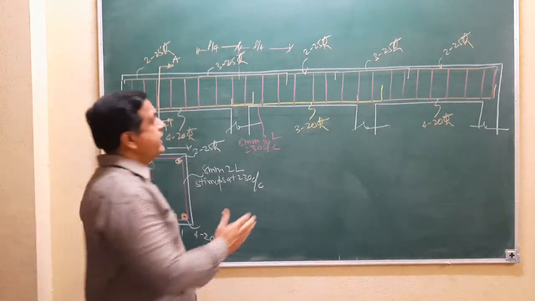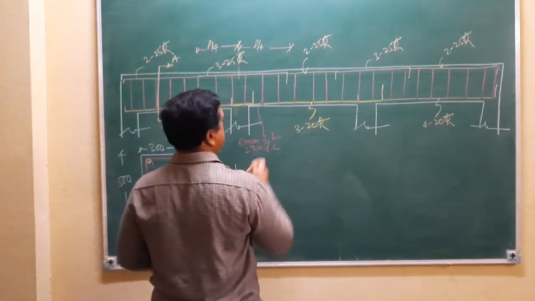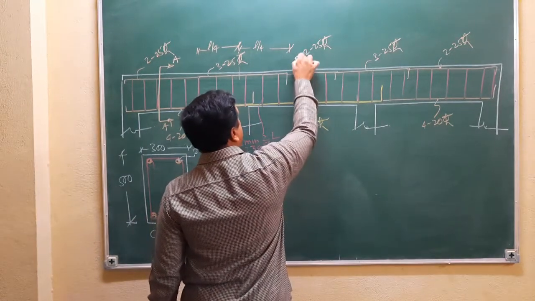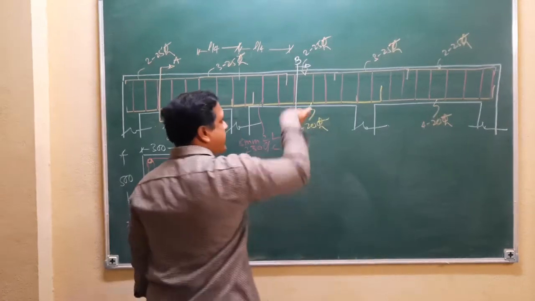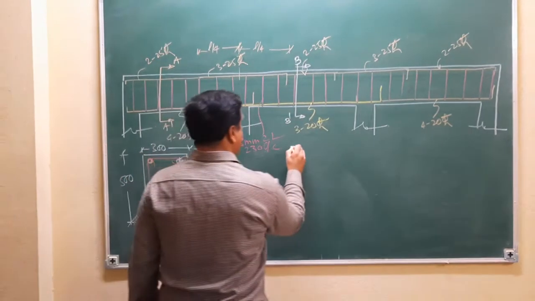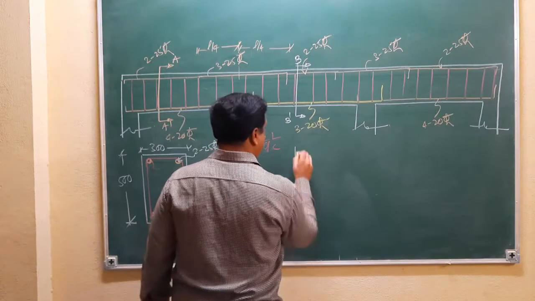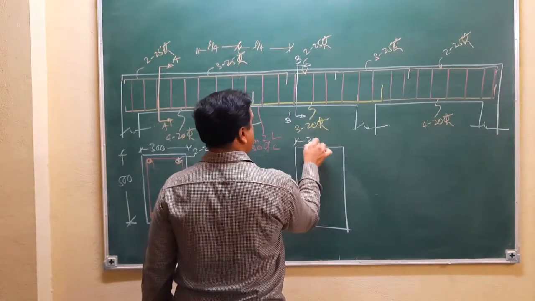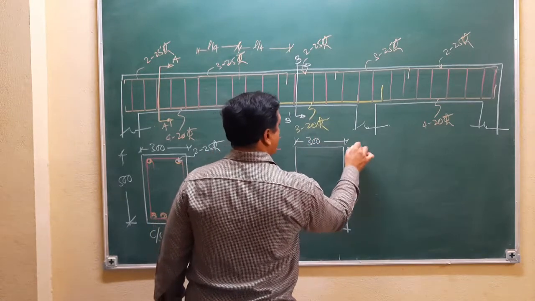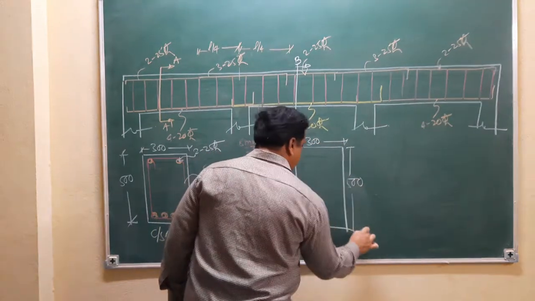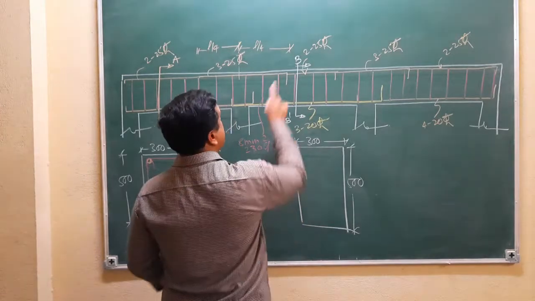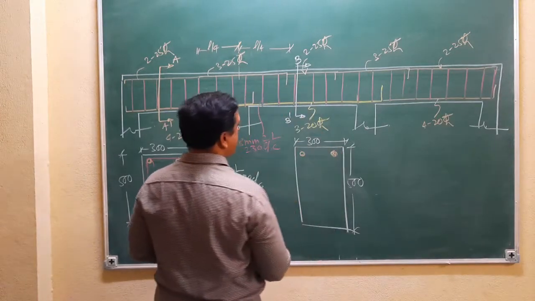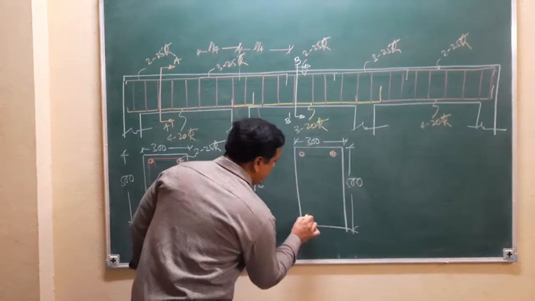Now if you want to take the cross section at this location, so what is the cross section? The width of beam is 300 mm, overall depth is 500 mm. At top you have to show the 25 mm 2 bars.